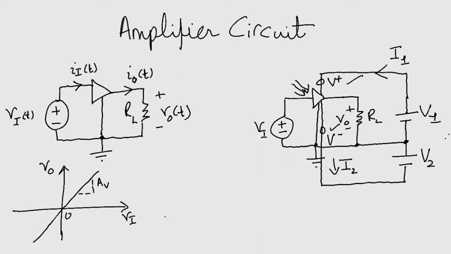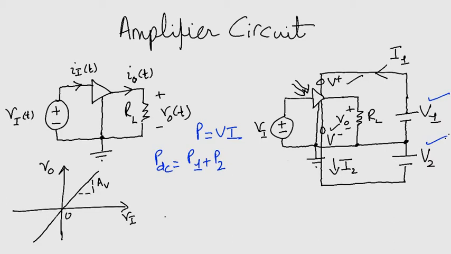Recall the equation for power, P equals VI. We need to consider separately the power each DC source delivers to the amplifier. Hence, PDC is equal to P1 plus P2, where P1 is the power delivered by V1 and P2 is the power delivered by V2.